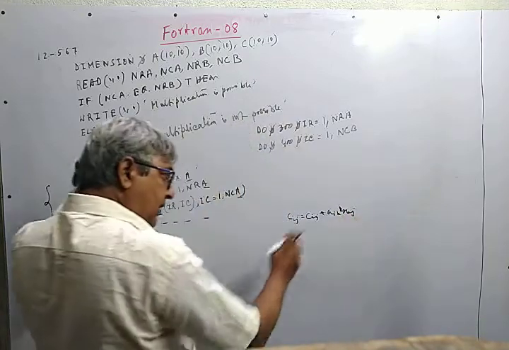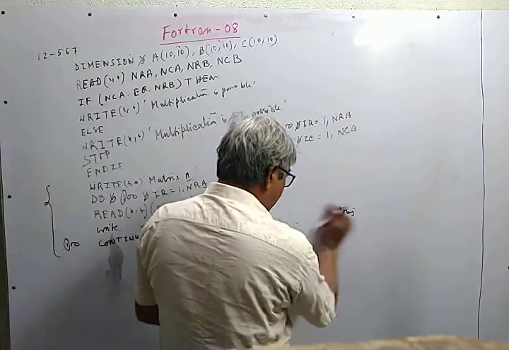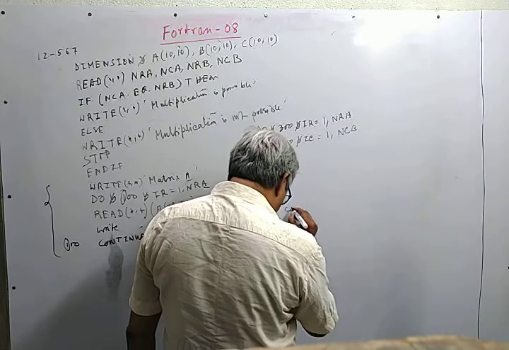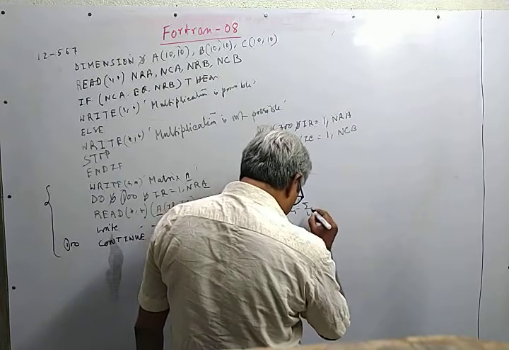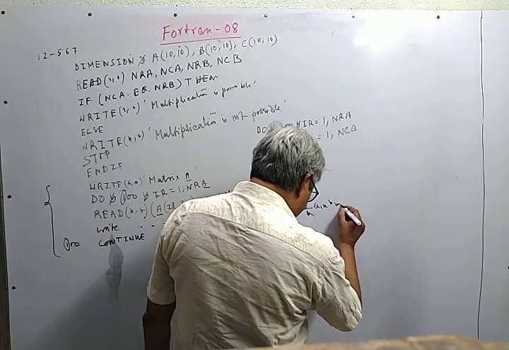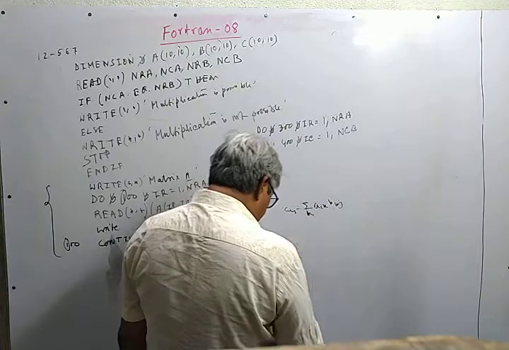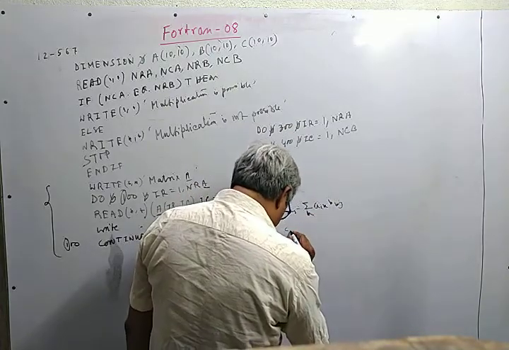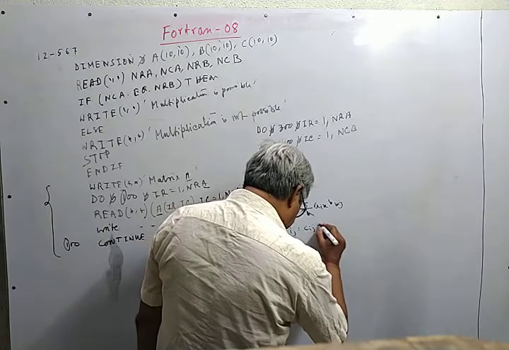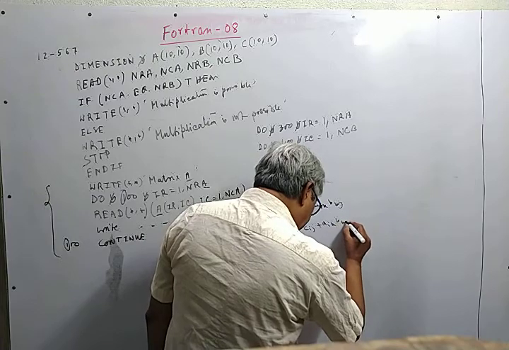This is basically the term that has been written using the summation symbol, that is Cij is equal to the summation over k of Aik Bkj. I have explained the operation. When we write it in the language of a computer program, this is Cij is equal to Cij plus Aik times Bkj.